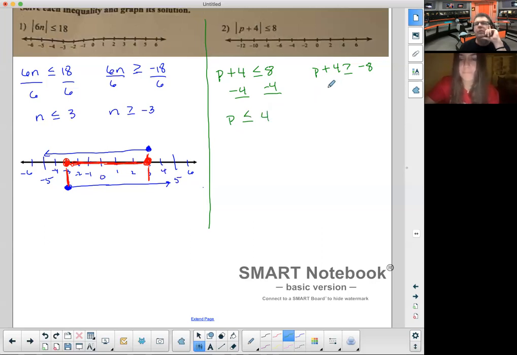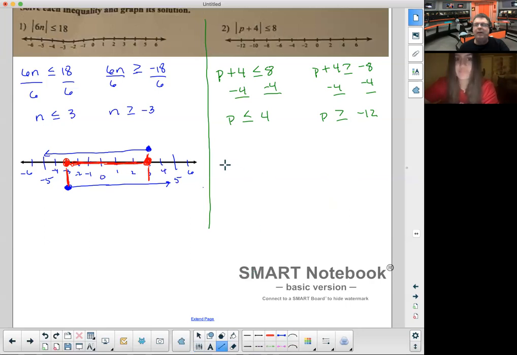Less than or equal to, and then 4 again, I think. -8, and then -4 more. It's going to be -12. Yeah, there you go. Okay, -12. See if you can graph this one on your own.